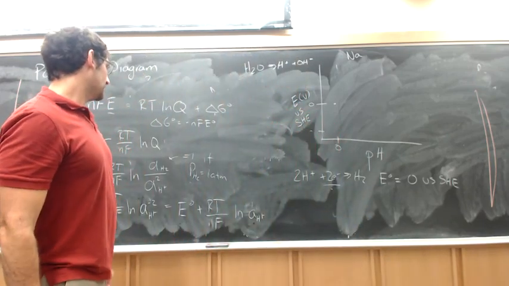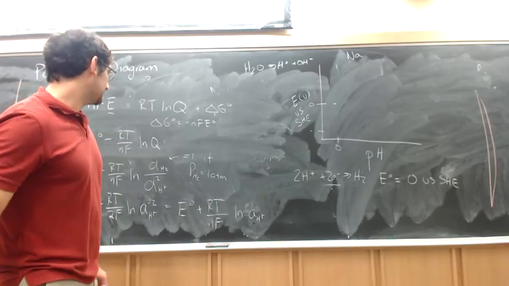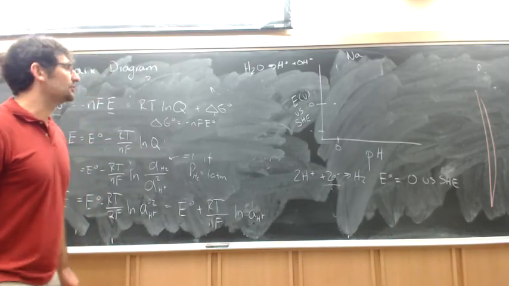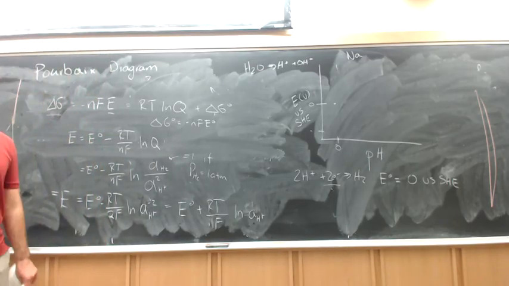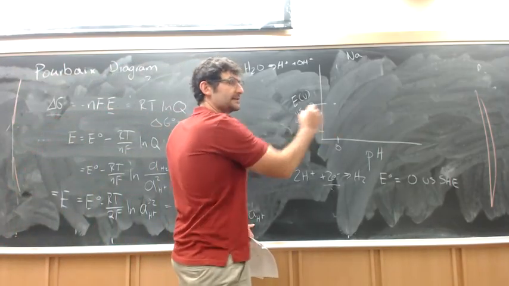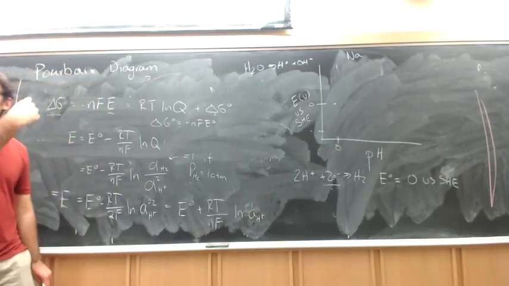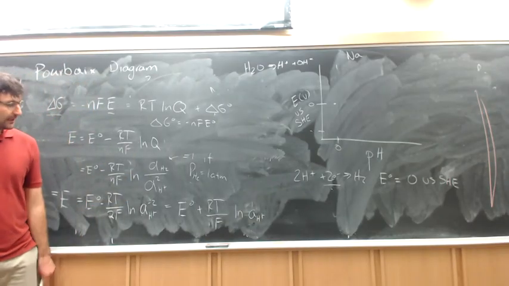So as the concentration goes up, it's more positive, it's easier to reduce. As the pH goes up, the activity goes down, then this term becomes more negative, it's harder to make hydrogen. So we got the sign right, that's good.